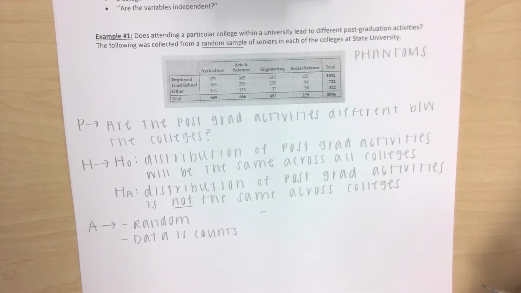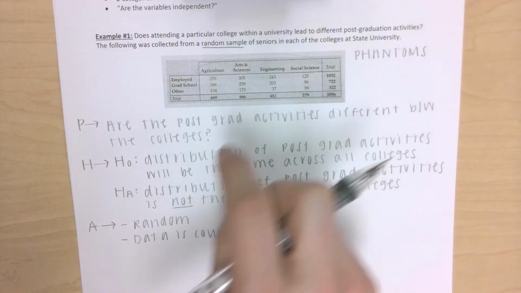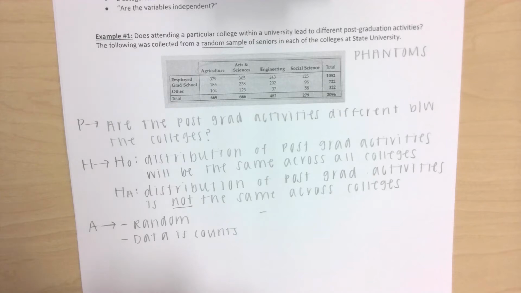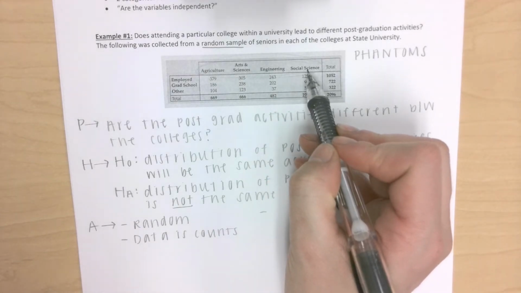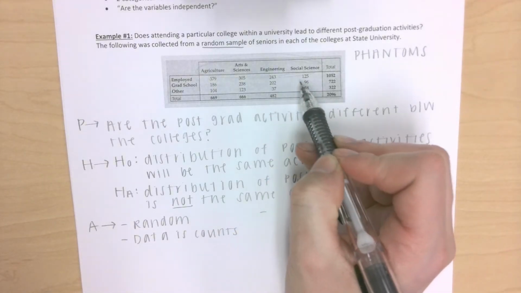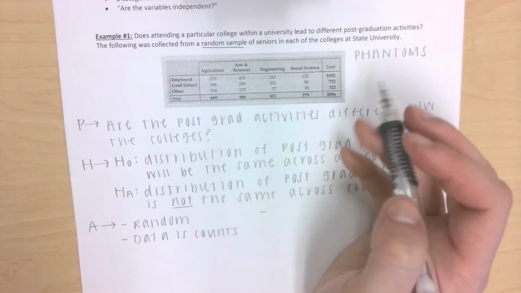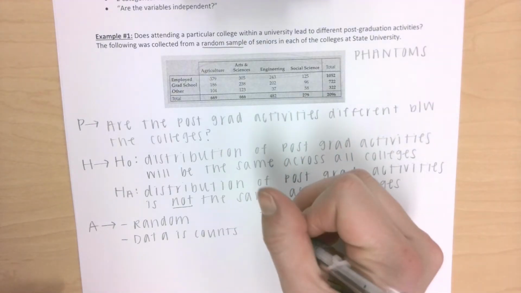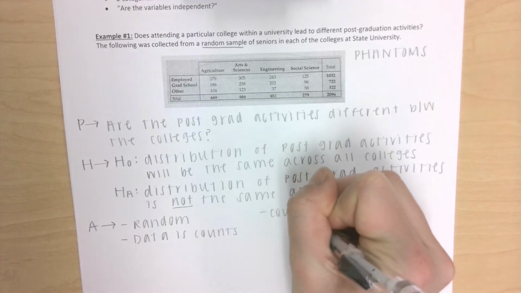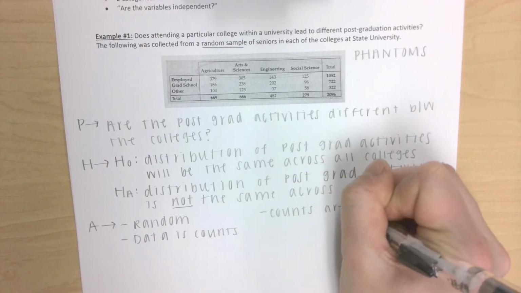The next thing that I need to look at is that my counts are independent. I'm a little iffy on this one because I do think that some students could have majored in both engineering and social science, so it's possible that people are falling into two of these categories, but for the sake of the problem, I'm going to assume that our counts are independent.